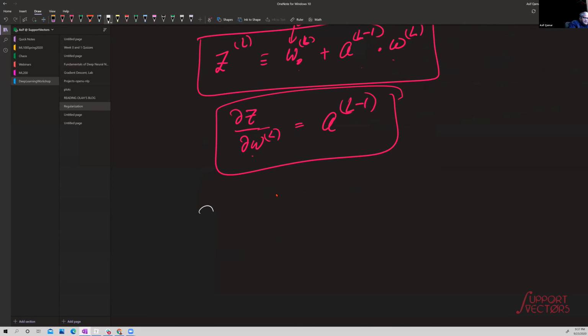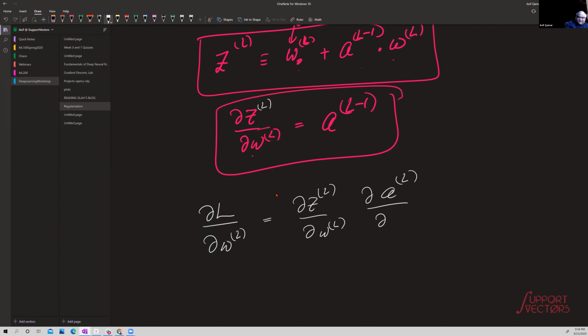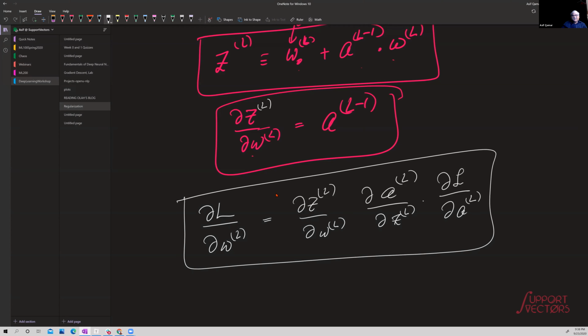You find that you have computed dL/dWL, which is dZL/dWL times dAL/dZL times the loss function derivative dL/dAL. Remember, this was the original expression, and you just computed each of these terms.